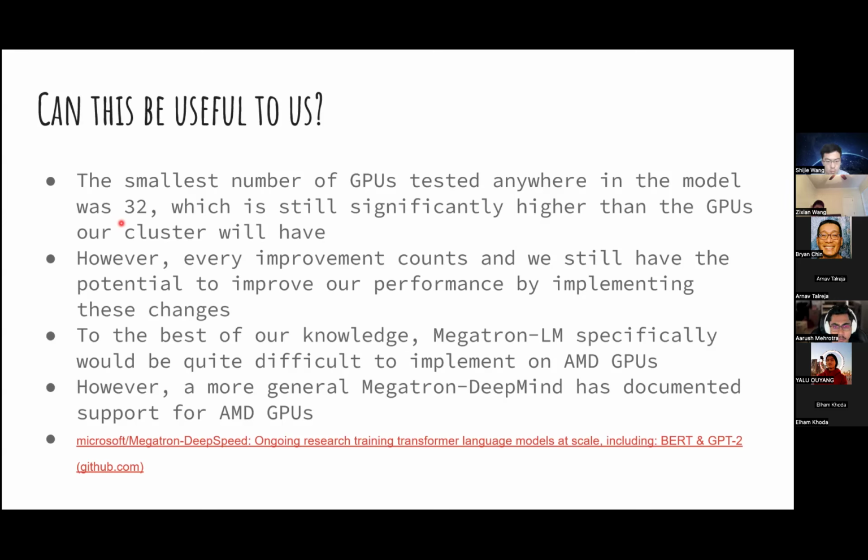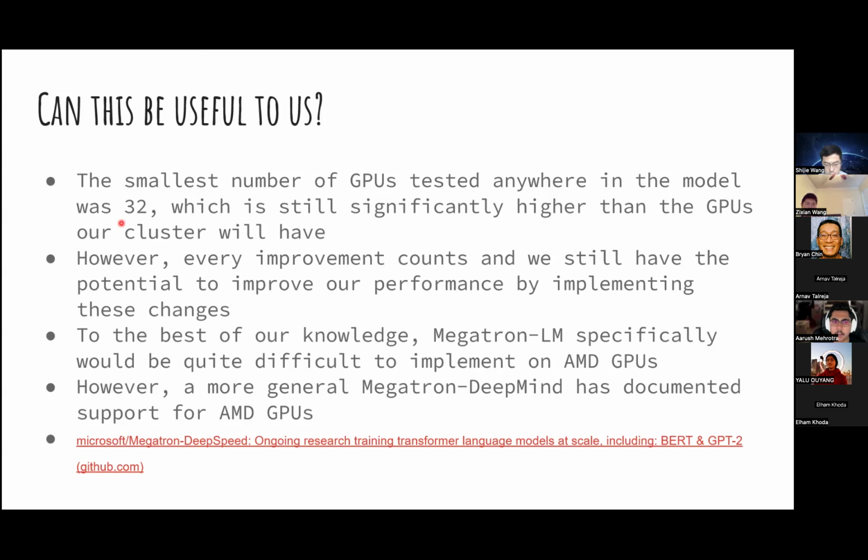However, every improvement counts, and we still have the potential to improve our performance by implementing these changes. This is something that we will probably have to spend some time testing, on the balance of extra communication versus extra data access, to see what's best for our hardware. But it's something to test and find out.